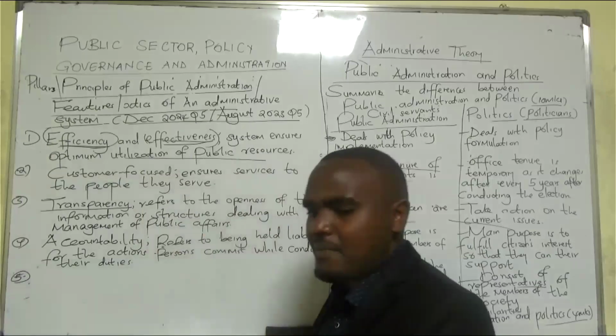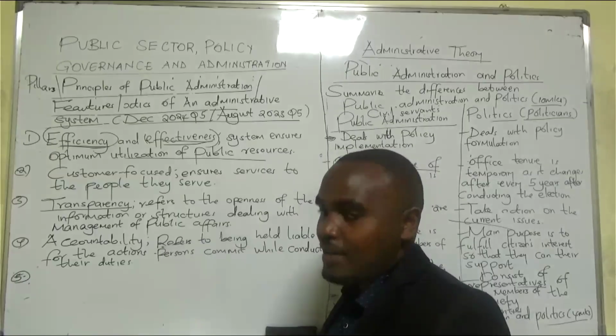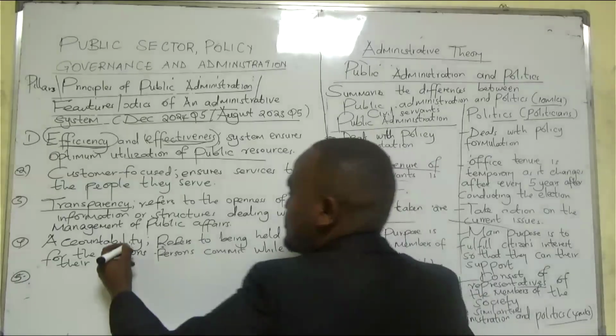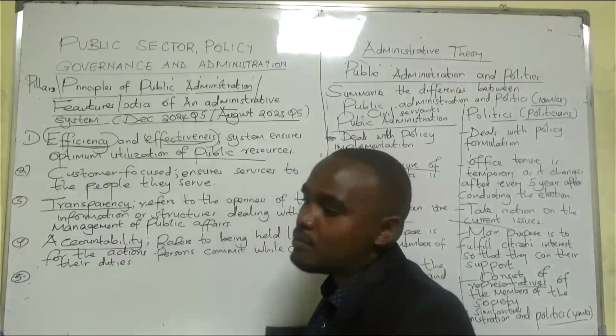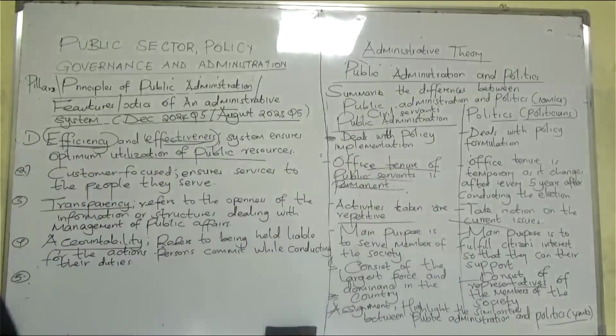So there must be some accountability. So one of the pillars of public administration, the one that we are using now, is accountability. We want you to be accountable. You did something. Why did you do that? Accountability.